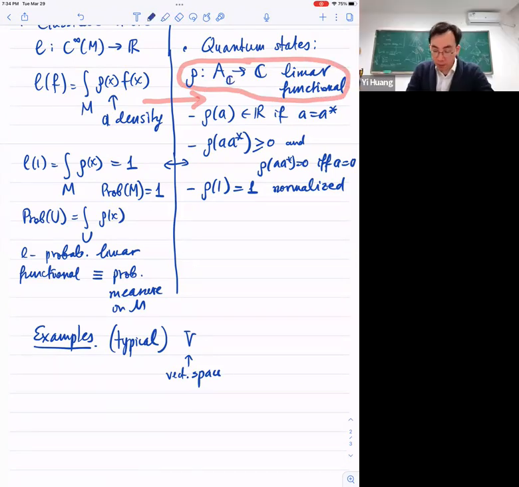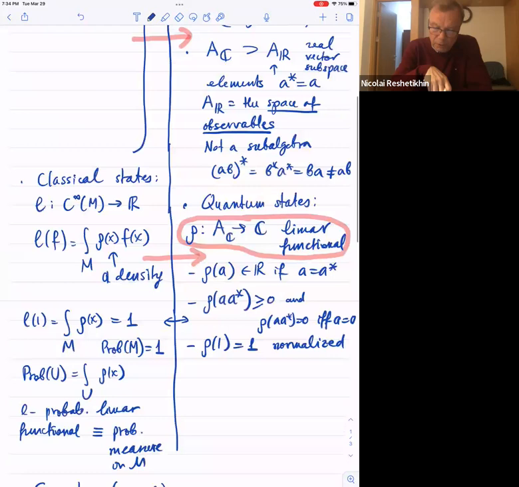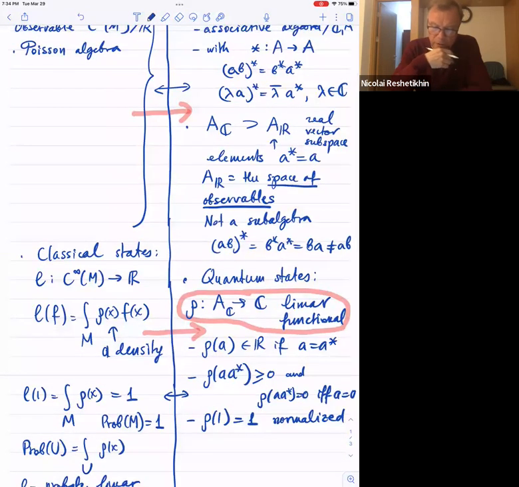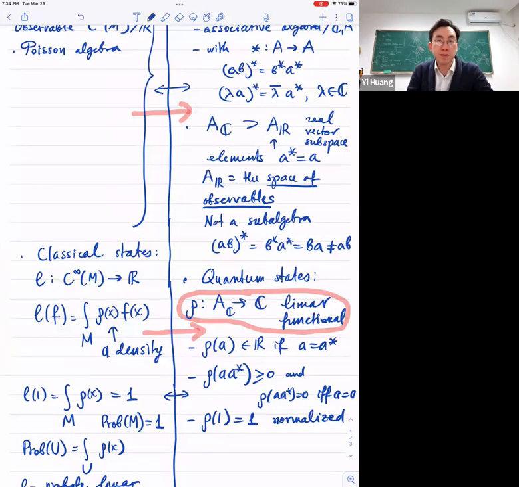So no, I don't mean the states. I mean the observables. You mean quantum observables? Yeah, the quantum observables. Should we be thinking of it as AC or AR?